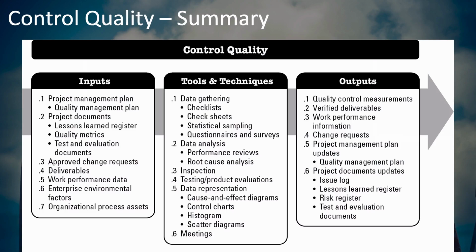You may also need to review some approved change requests that can include preventive and corrective actions that you need to take, as well as some enterprise environmental factors and organizational process assets.